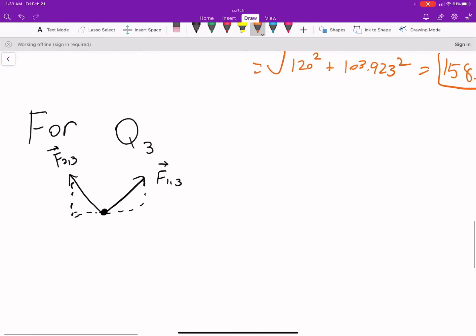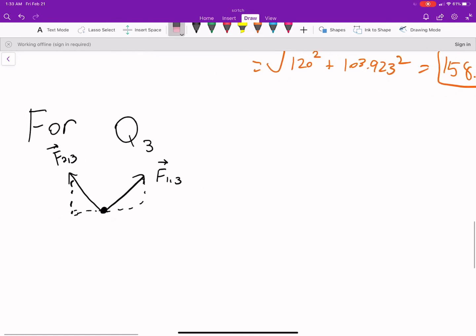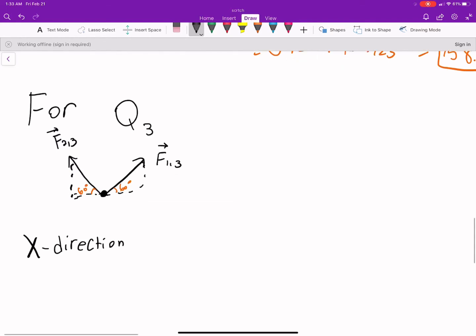Okay, so with that being said, we know these angles. This is 60. This is 60. And we'll do the same thing. We'll look in the x direction first. And what do we get?